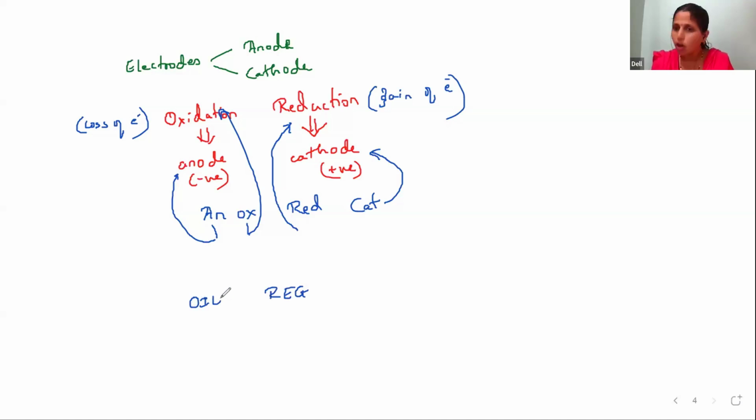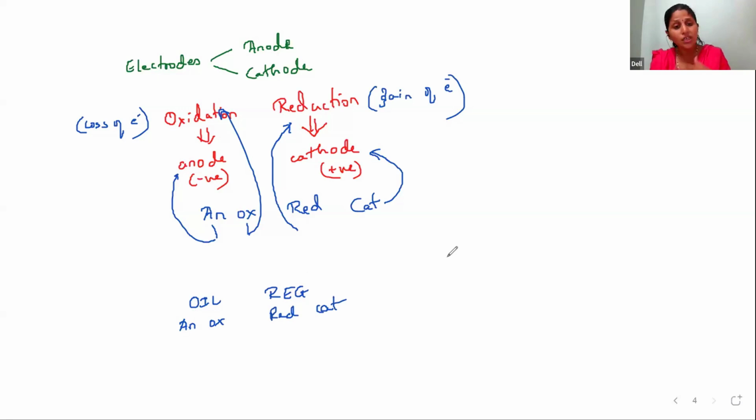OIL: oxidation is loss of electrons. RIG: reduction is gain of electrons. Where does oxidation happen? An ox, at the anode. Where does reduction happen? Red cat, at the cathode. So using such redox reactions, oxidation and reduction happen simultaneously.